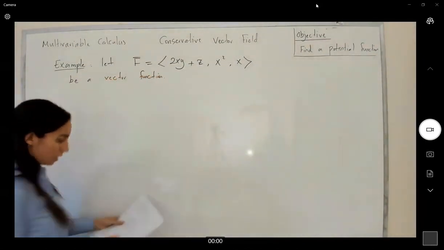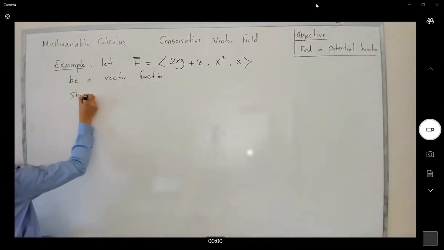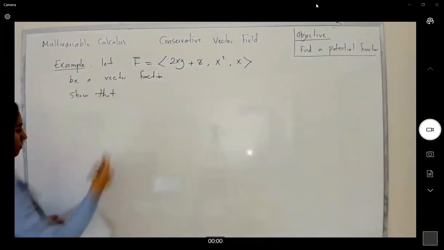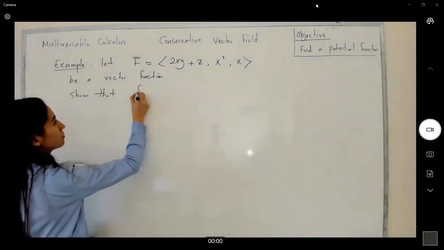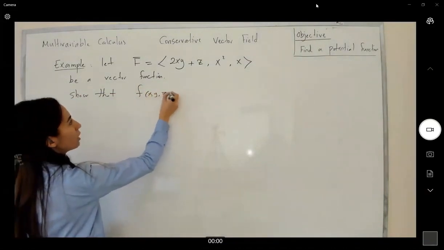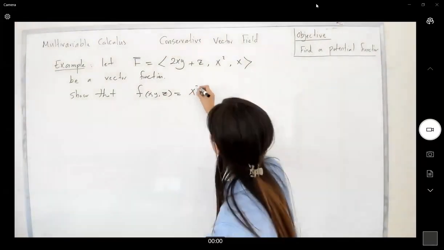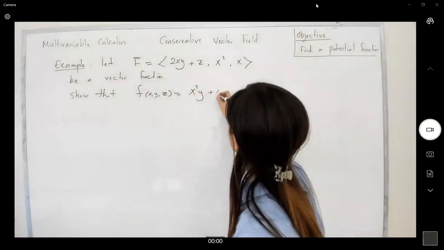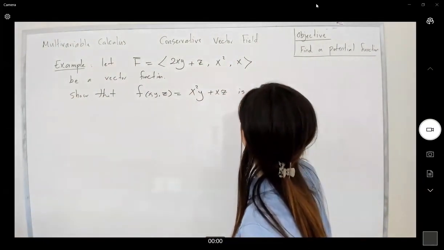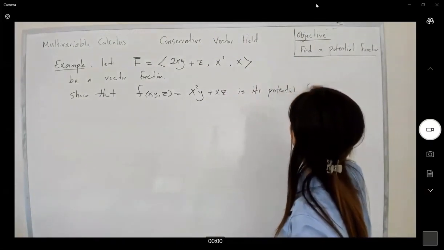Well, it says show that this function f of x, y, z, a scalar function, x squared y plus xz is its potential function.